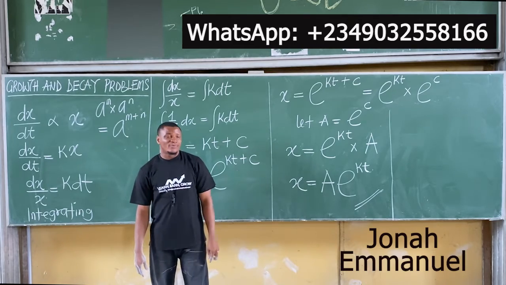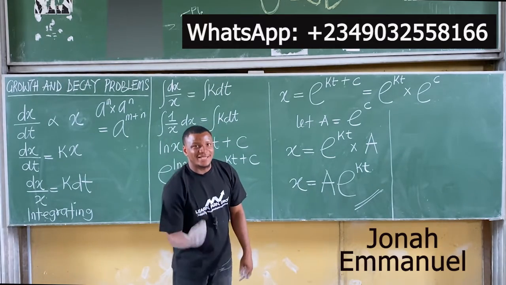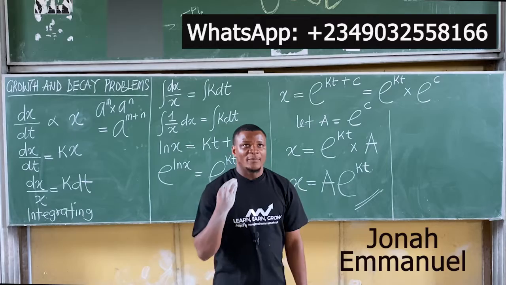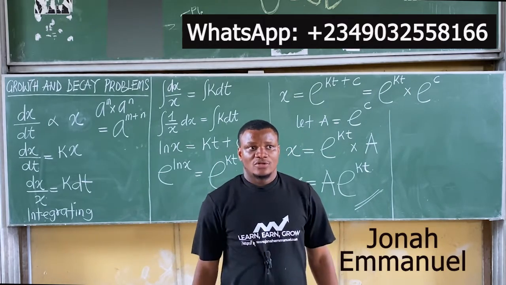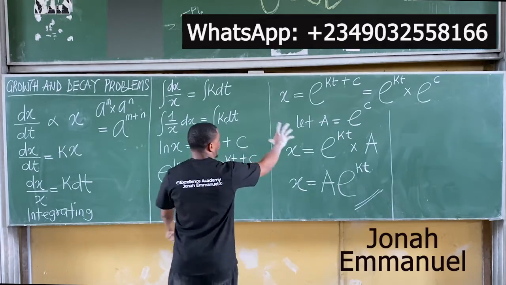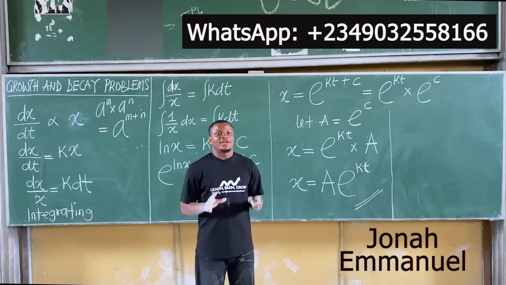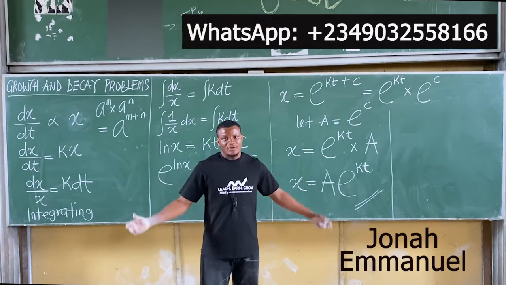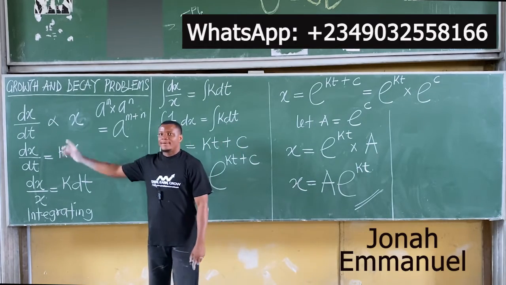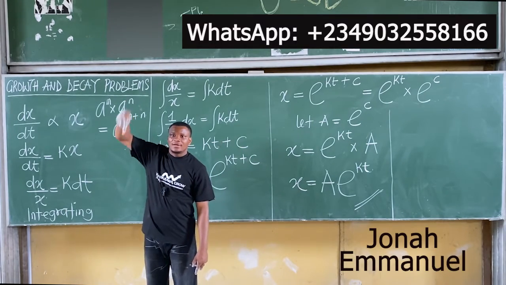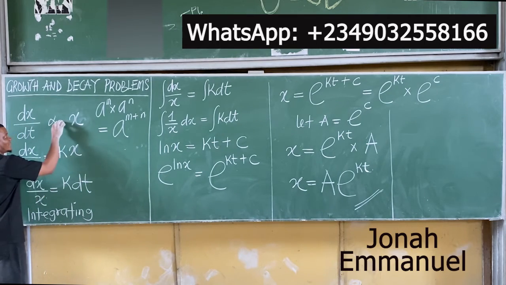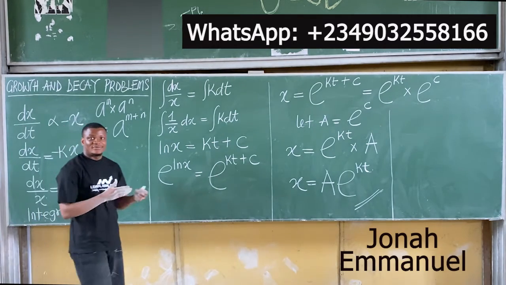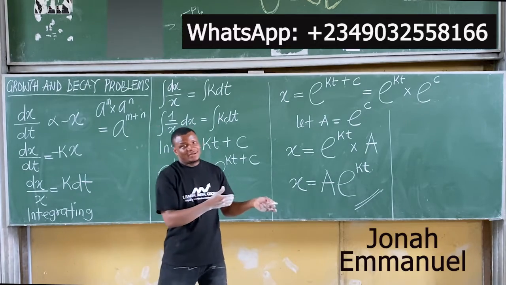If you're solving the same problem and you're seeing the terms decay, if the population is decaying, what happens? It is what there? Reducing. So this is the equation if the population is growing. What if it is reducing? What do you do? Simple concept. It's the same thing, but I will introduce a negative.